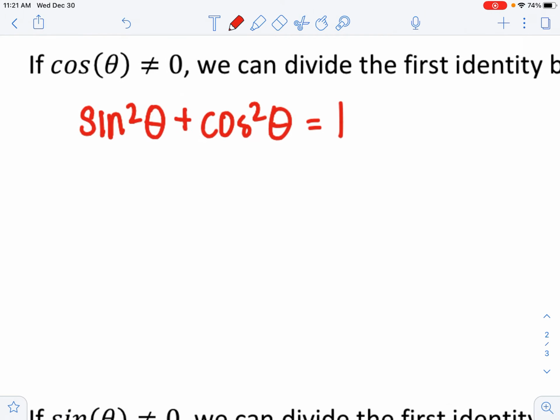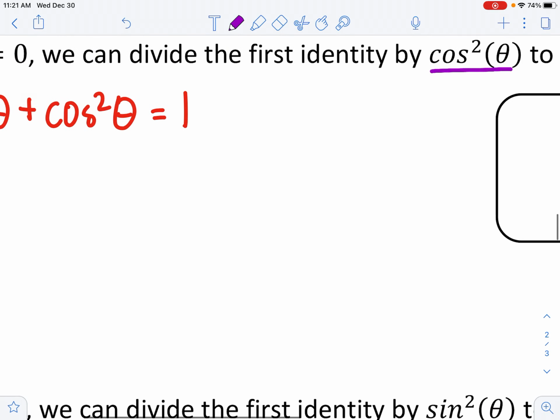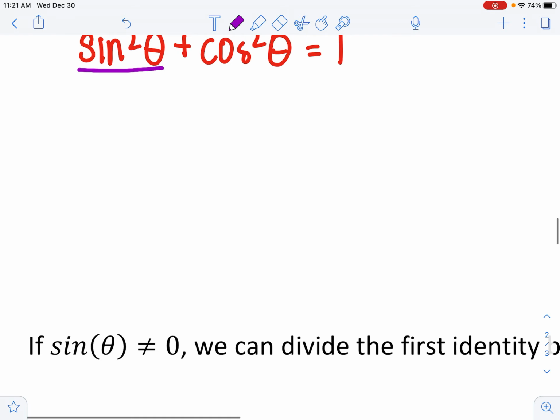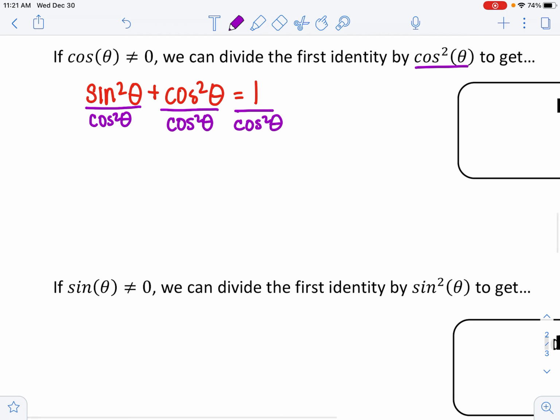And it's of theta, and you have to have the theta part. I just don't say it out loud. All right, so divide everything by cosine squared to get your next identity.